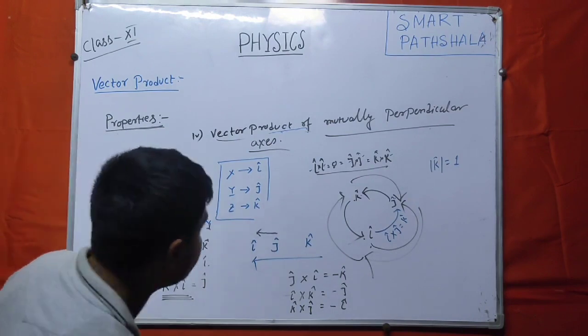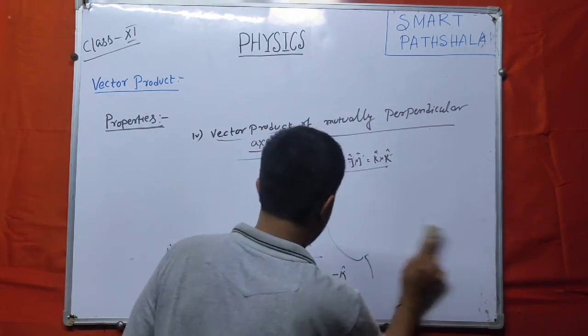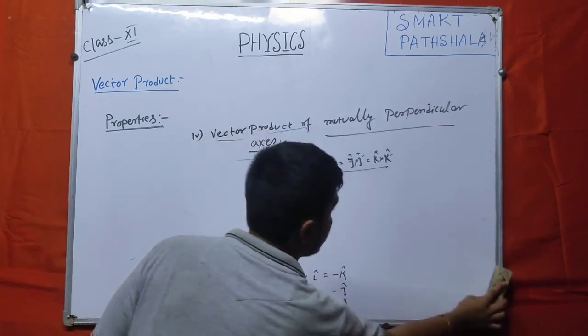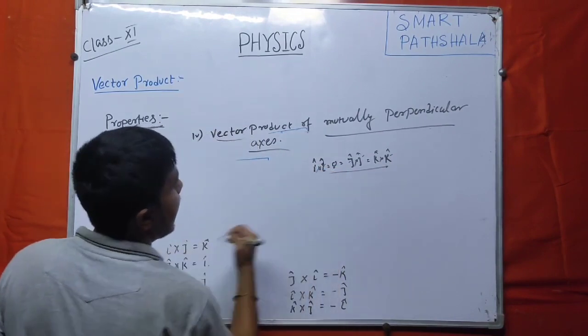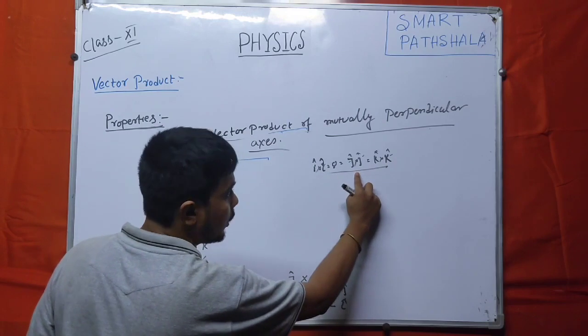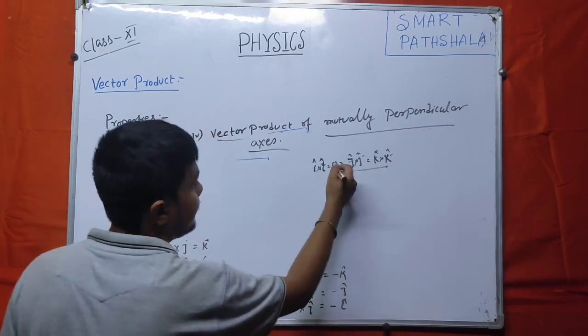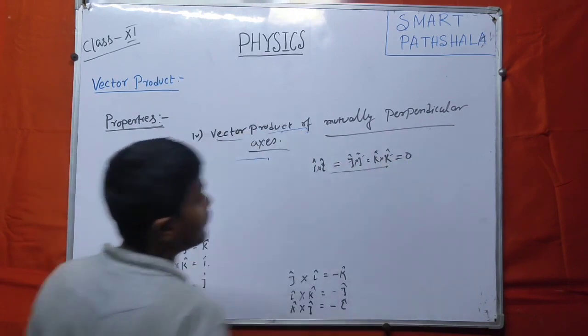So at last, what we got is that I cap cross I cap equals j cap cross j cap equals k cap cross k cap equals 0.